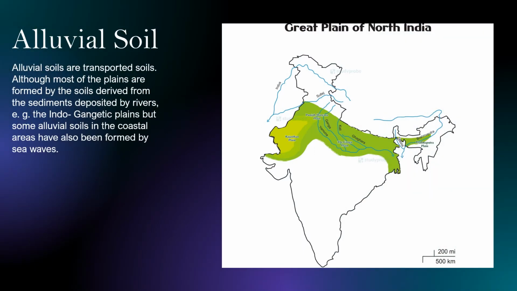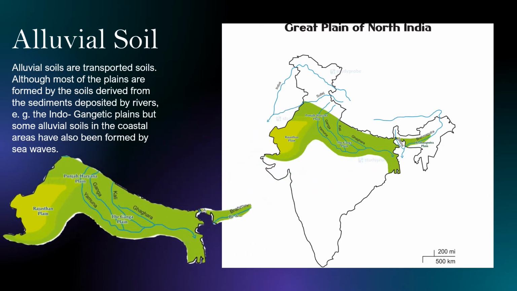Now, alluvial soils are transported soils and they are found over large parts of the country. It covers about 45.6% of the total land area of the country. So here we can see that the alluvial soils are derived from the sediments brought by the rivers in the Indo-Gangetic plains.